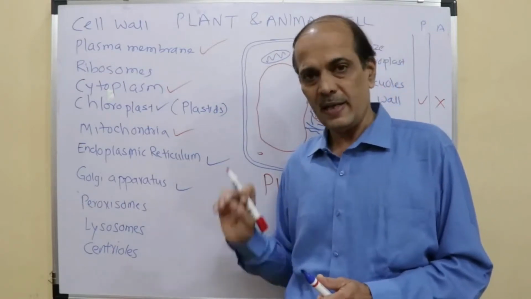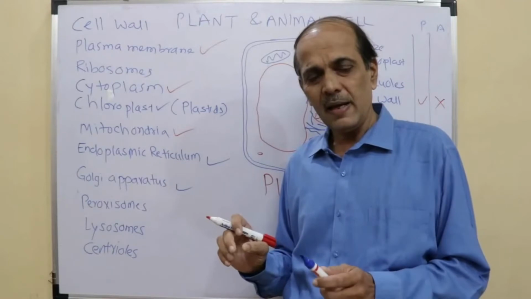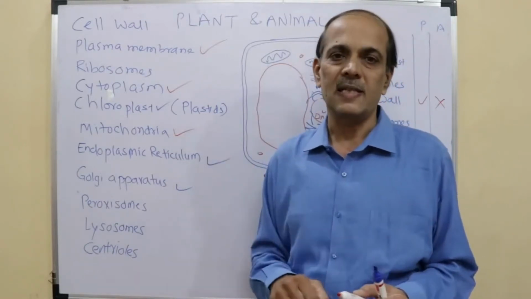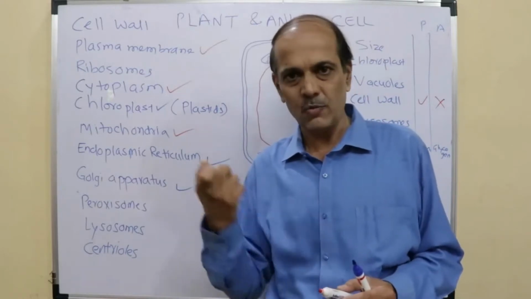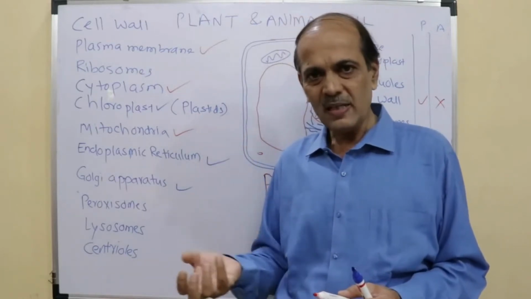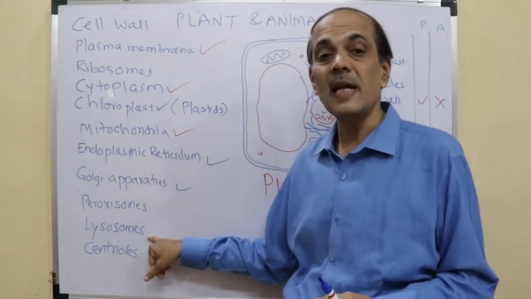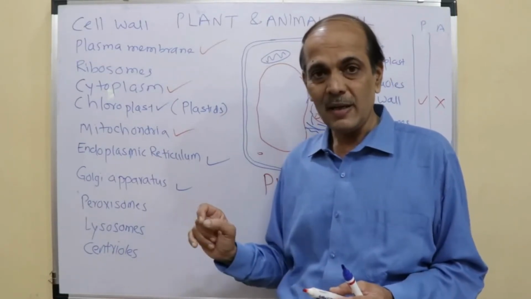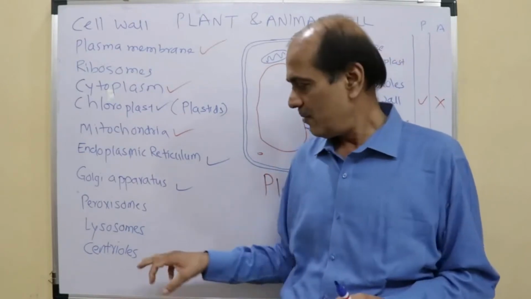Lysosomes, very interesting. They eat whatever unwanted comes inside the cell. For example, some bacteria enters or some virus enters. That is engulfed by these lysosomes. So they are practically a protective mechanism for the cell.